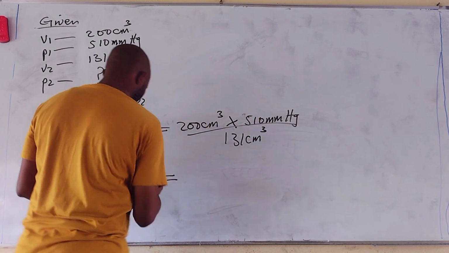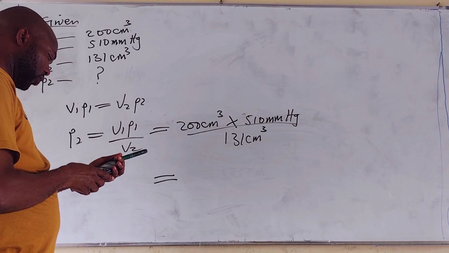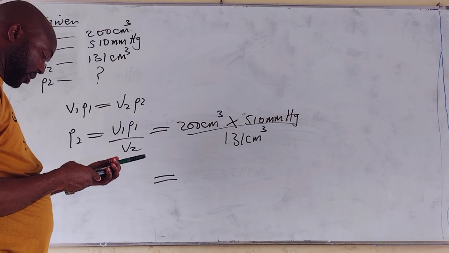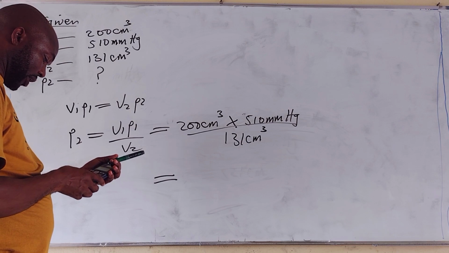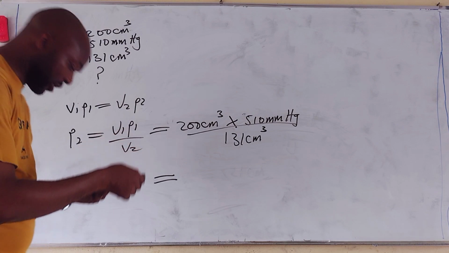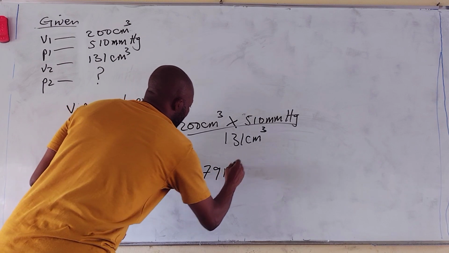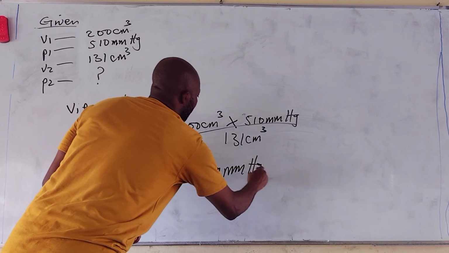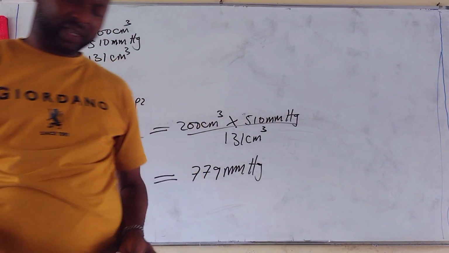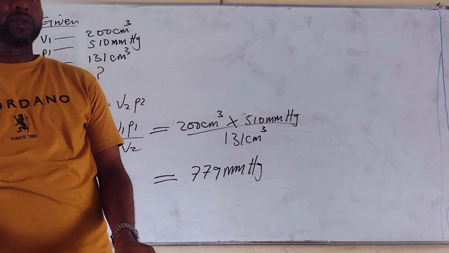And this is equal to 200 times 510 divided by 131, which is 779 millimeter of mercury. Okay, I think we can stop it there. Let's go to another law.